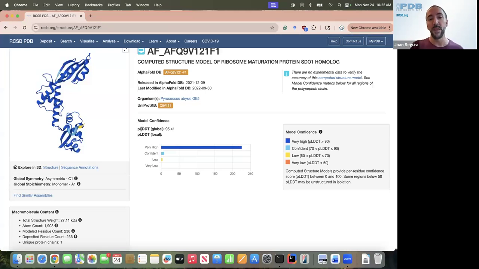You will have the global value, which is the average among all the residues. This is a good model, 95% PLDDT. It means that on average, for all the residues, 95% of the neighborhood is the same in the model as in the native conformation.